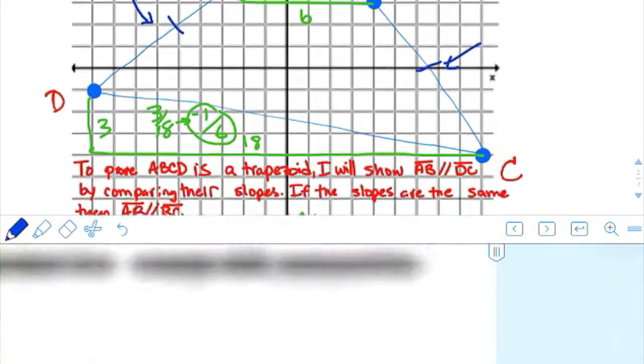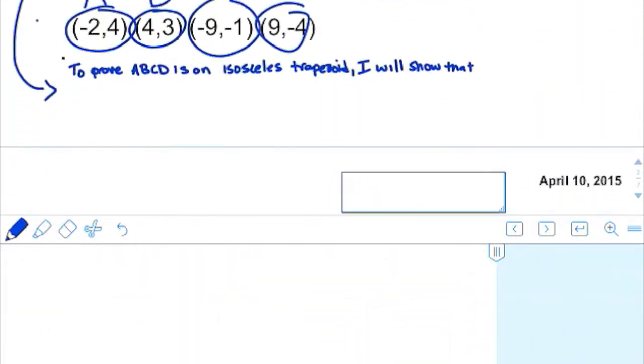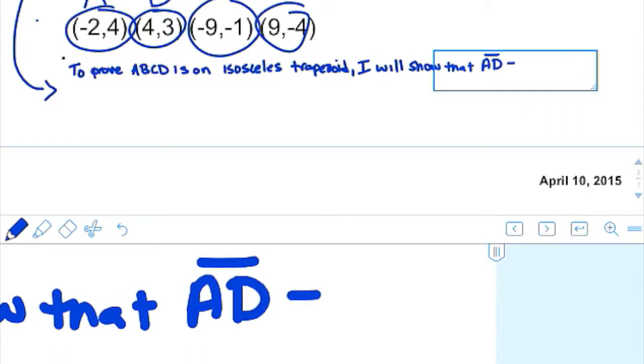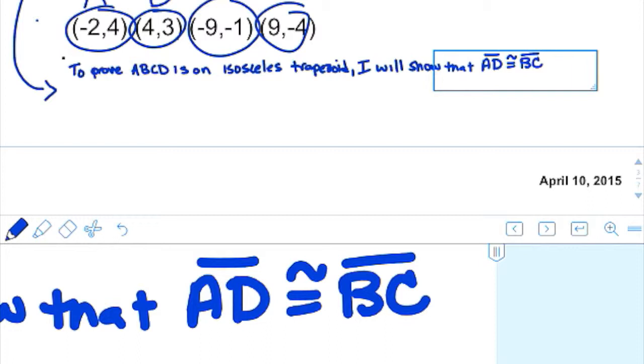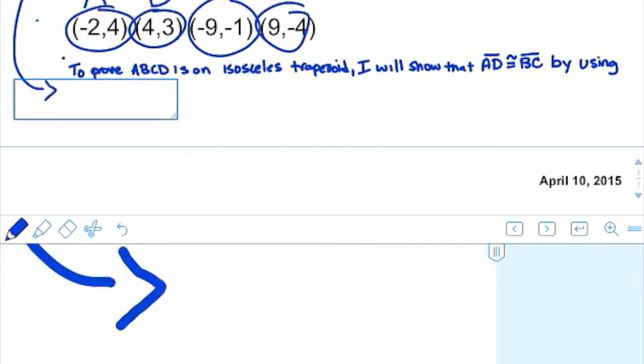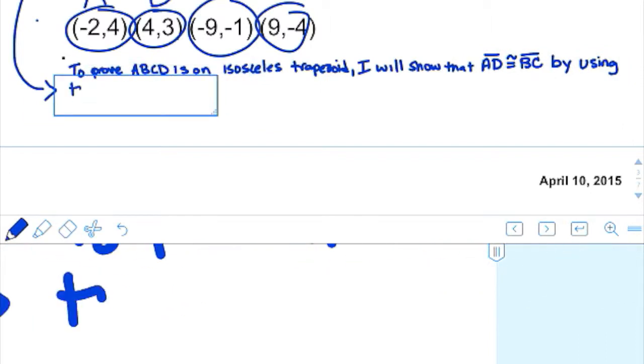AD, BC, okay. I will show that AD is congruent to BC. Now let's tell them how we're going to do it. I'm going to use the distance formula.